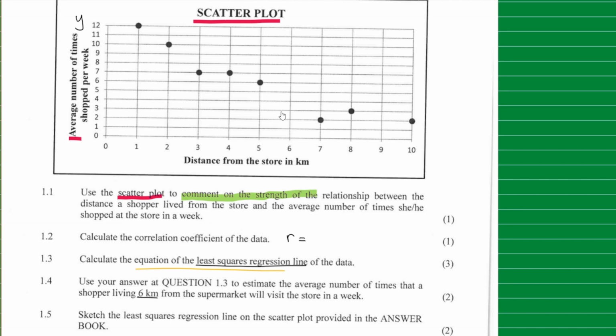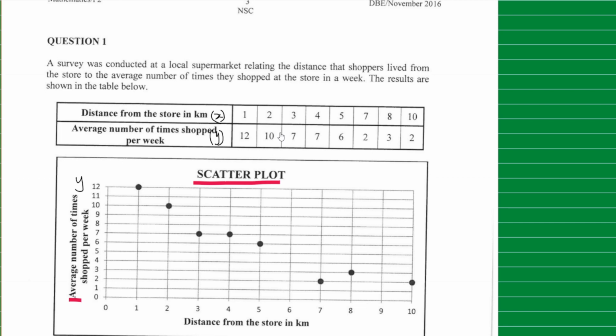Now, the purpose of that line, the least squares regression line, is that it is used in what is called interpolation or extrapolation. Interpolation is merely predicting the values of one variable when the corresponding value of the other is given. So what I mean by that is, suppose I have a distance here of 5.5 kilometers, because that distance is not recorded here.